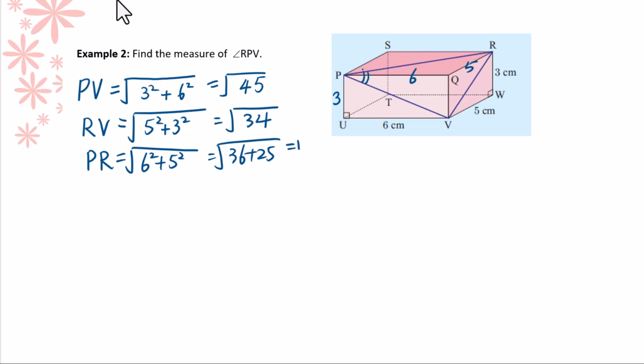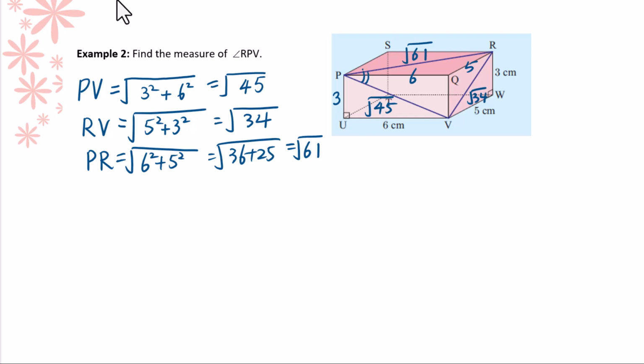That equals the square root of 61. Let's label the square root of 61, square root of 45, square root of 34.